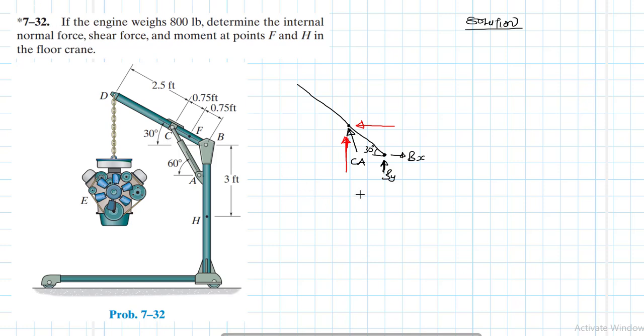Since the angle with the horizontal axis is 60 degrees, therefore this angle here is also 60, so we'll have CA cos 60, and then CA sine 60, right?